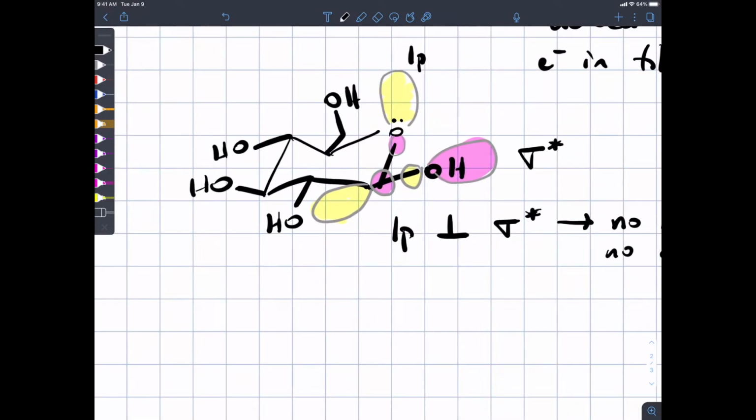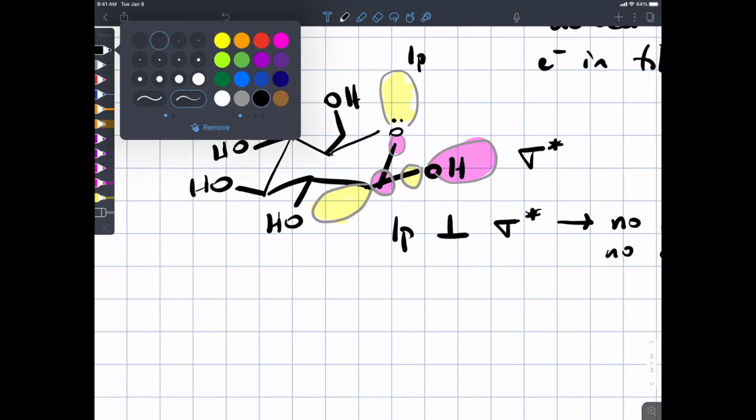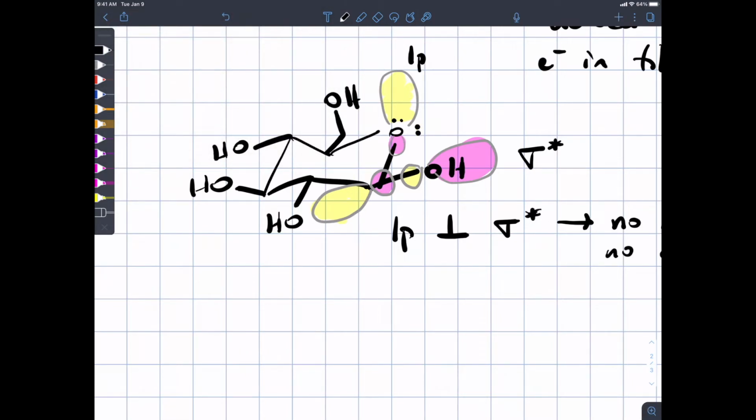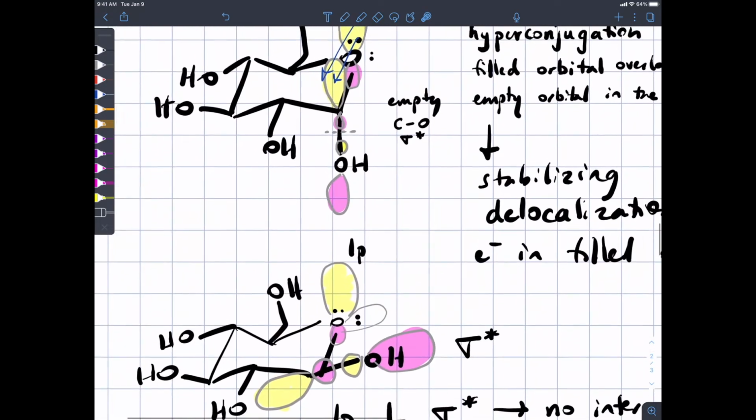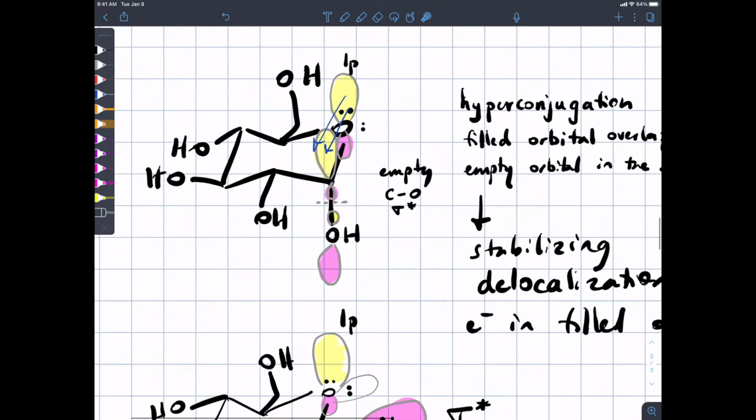What about the other lone pair? Does it line up? That's a good question. And if you draw it like this, you could imagine it doing so, though it's mostly going to line up with this space in between the two nuclei that's a node. If you look up above, the beauty of the alpha anomer is the lone pair can overlap with just one lobe of the sigma star that's projecting back away.